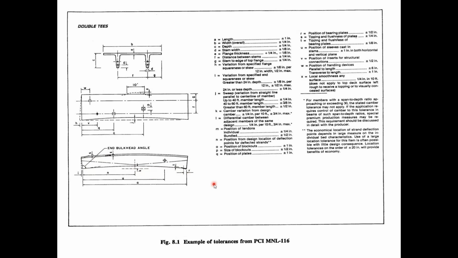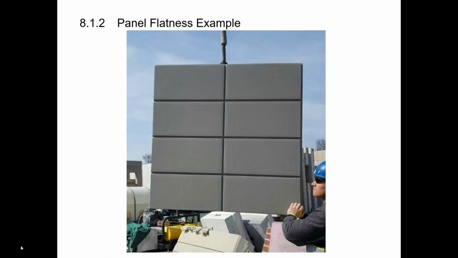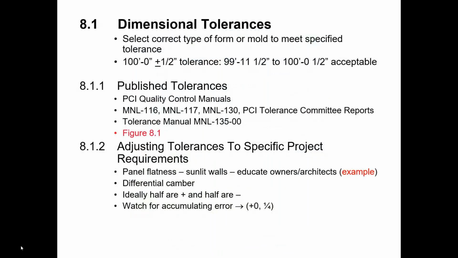So every time a car drives through that parking garage, every time they drive over a double T, it's like a speed bump. So there's things you can do as a plant to ensure that the cambers not only meet the requirement listed here, but also that the differential camber from component to component meets the requirements of the project.